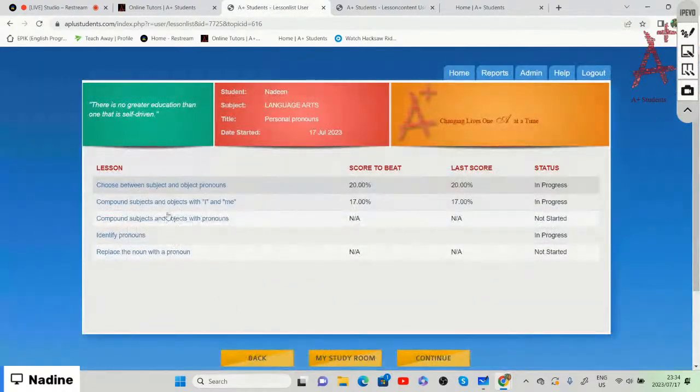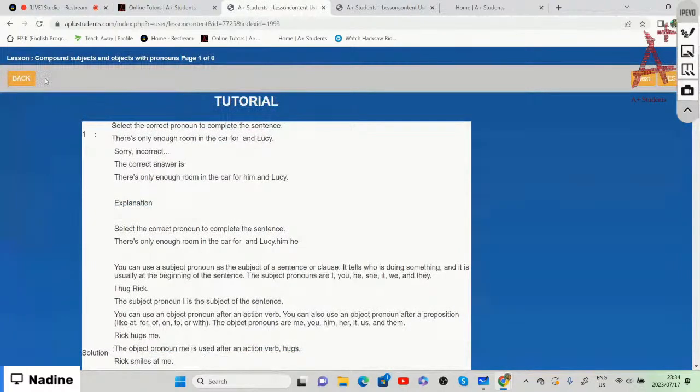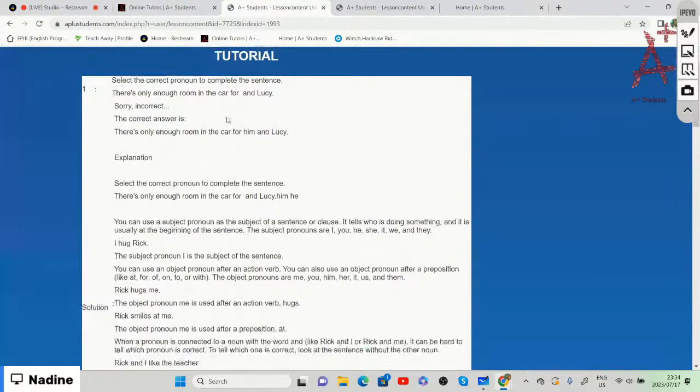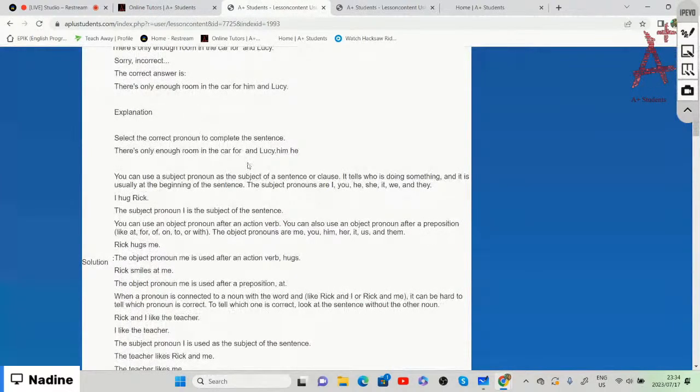All right, so now we're going on to the next one, that is compound subjects and objects with pronouns. So compound subjects and objects with pronouns, right? So you can use a subject pronoun as a subject of a sentence or clause, right?